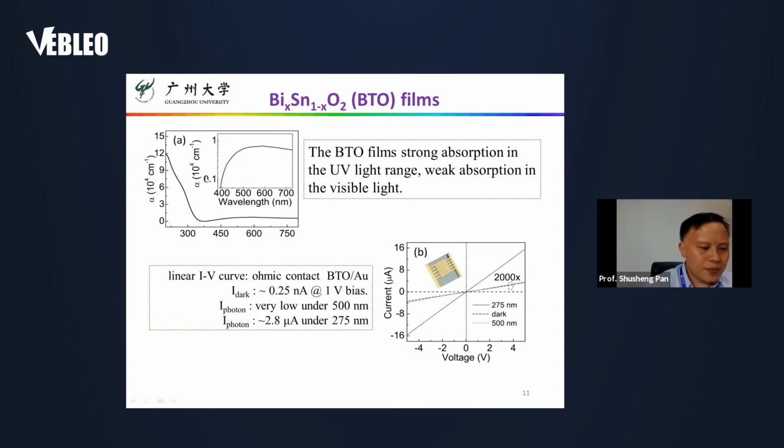And we have fabricated the BTO photoconductors. The gold film is deposited onto the films, which act as the electrode.